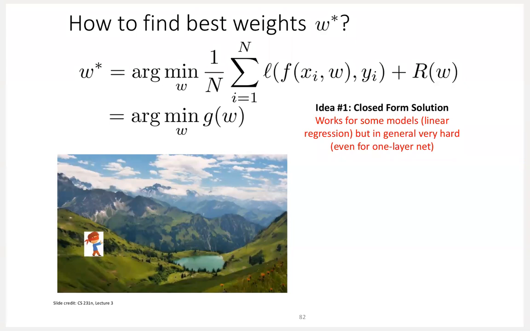But for many problems, for example neural networks in general, there is no closed form solution. You cannot simply take the gradient and see what happens.